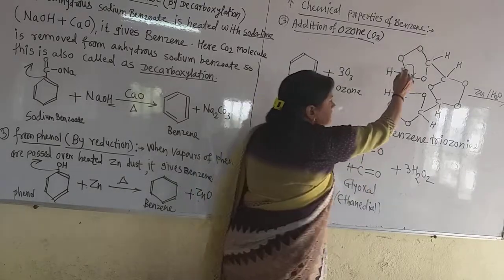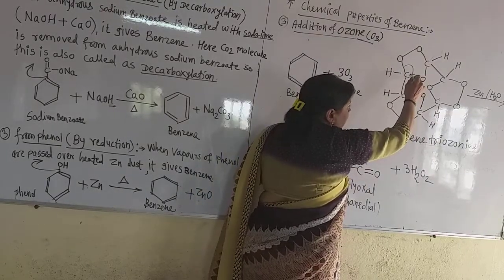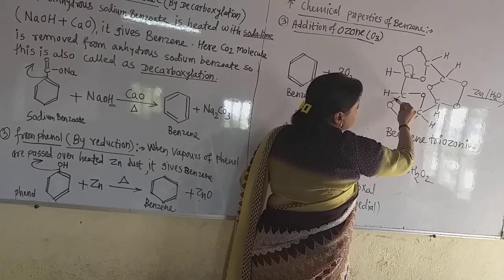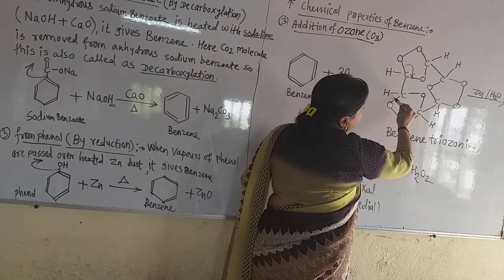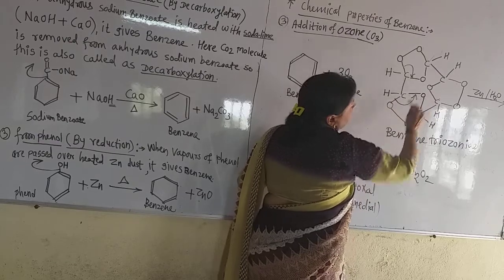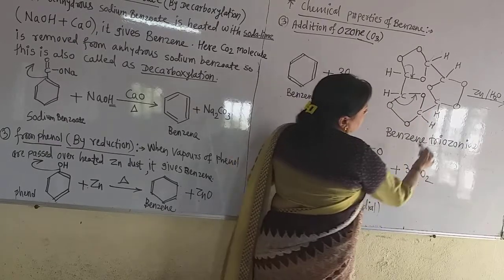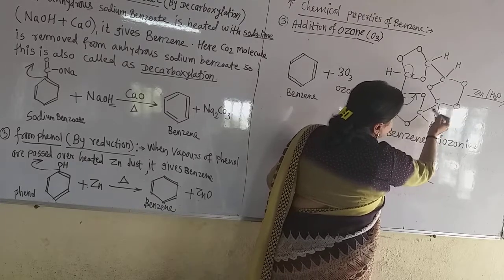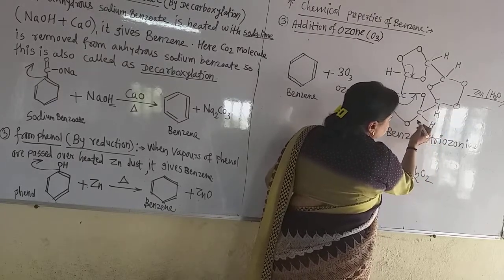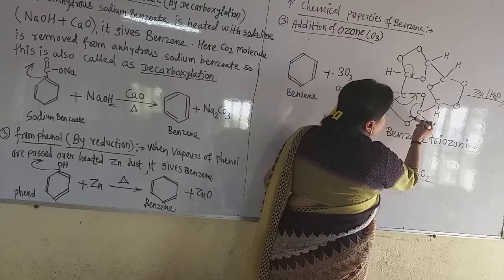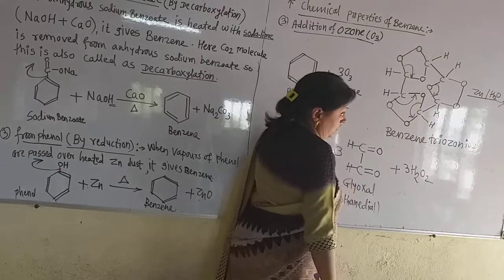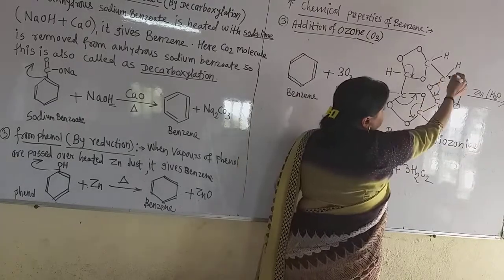Now see, this double bond comes here. At the same time, what happened? This gives a double bond here. Again, this bond. Now there are the carbon-carbon bonds. Now this bond gives a double bond here, and this bond gives a double bond here. Again, there is the third molecule.